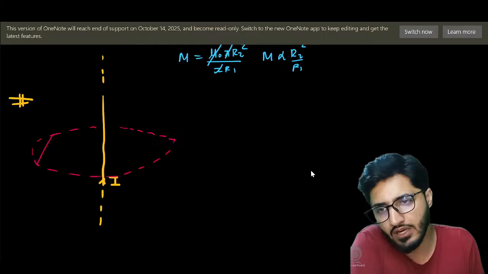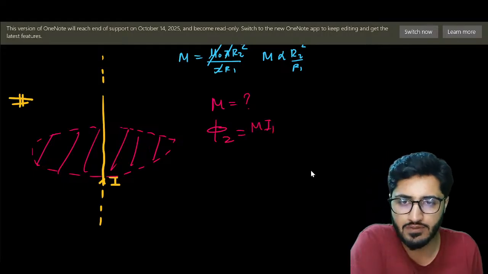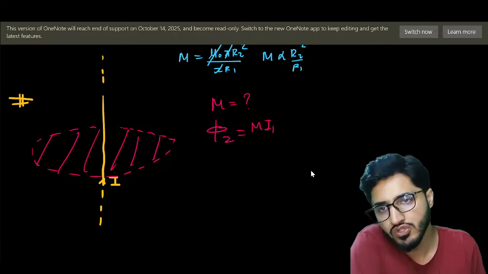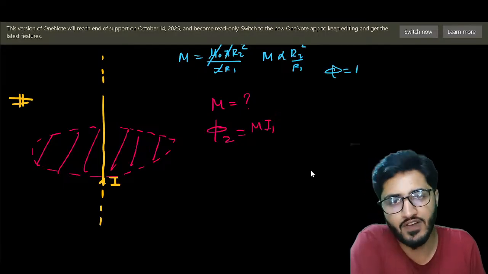This is my loop, perpendicular to it. What will be the M value? Phi 2 equals M times I1. So what is phi? Is it B A cos theta?